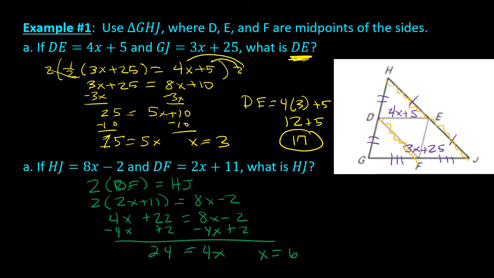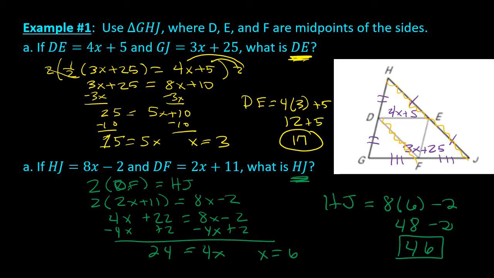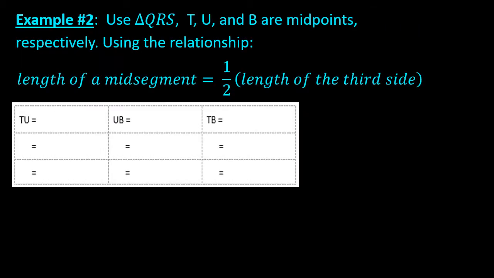In the end, I get that x equals 6, and they want to know what HJ is. HJ is 8 times the value of x, which I found to be 6, minus 2, and we get a grand total of 46. All right, lots of algebra. You just got to be able to get the problem set up.